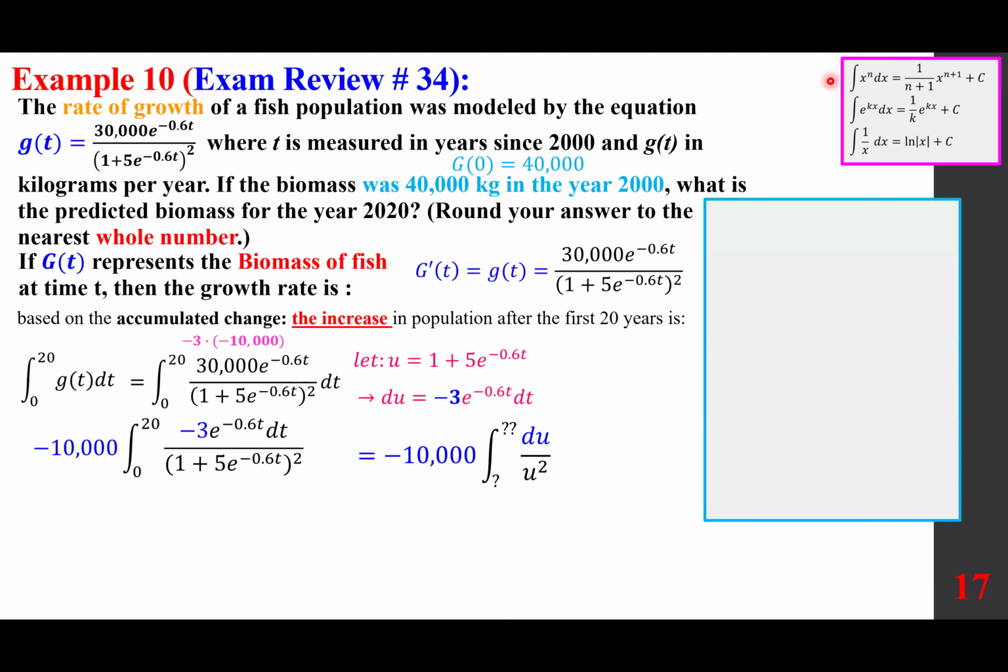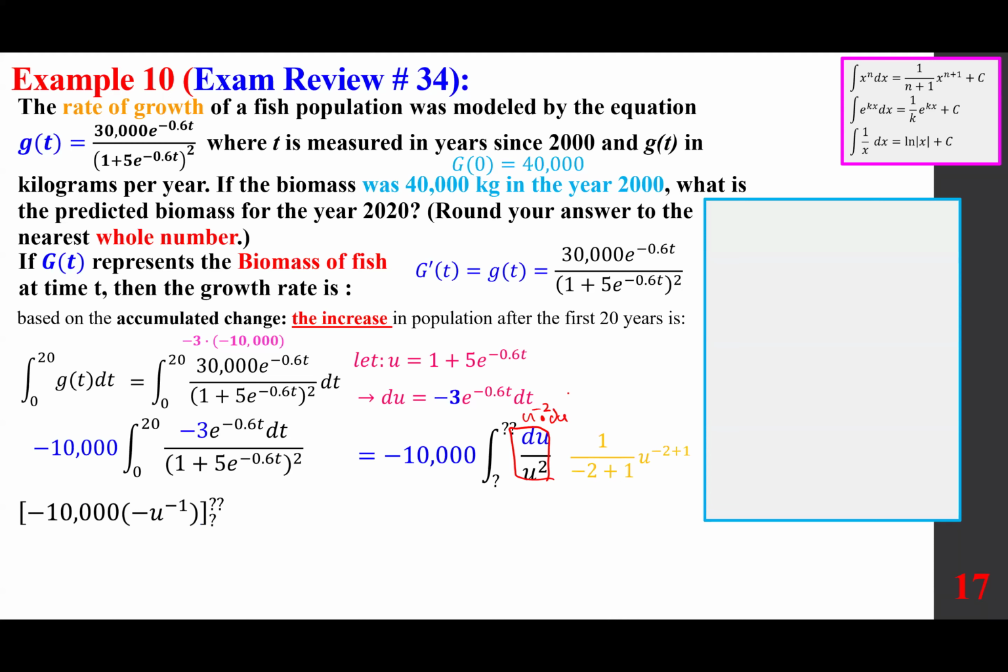This uses the power rule because we're going to write it as u to the power of negative 2. So negative 10,000 times 1 over negative 2 plus 1, u to the power of negative 2 plus 1, which makes it negative u to the power of negative 1.